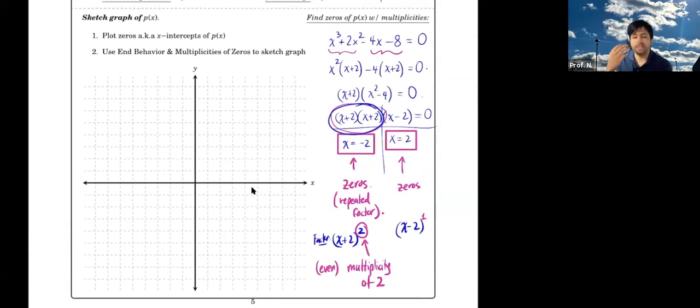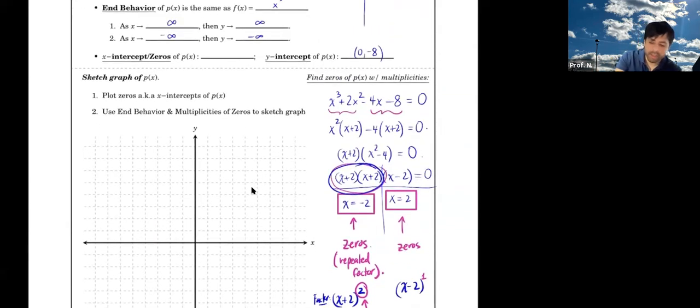And therefore, this zero has a multiplicity of 2. It appears twice. So then my x-intercepts, my zeros, are -2 and 2, but -2 has a multiplicity of 2.